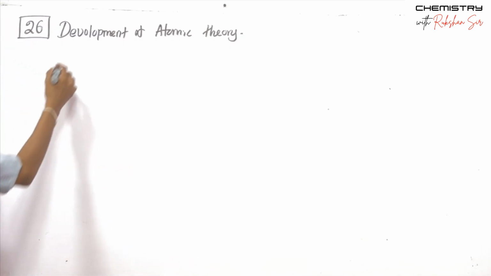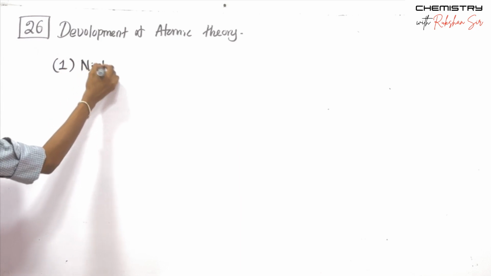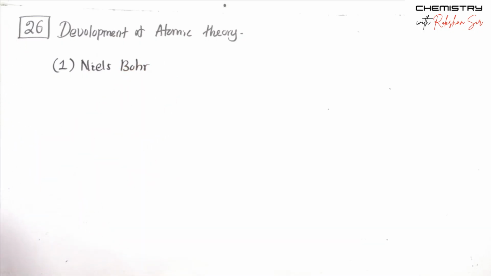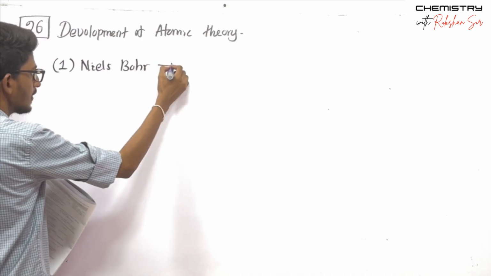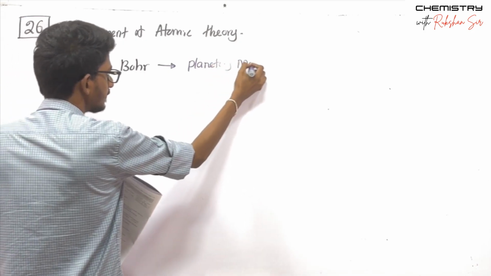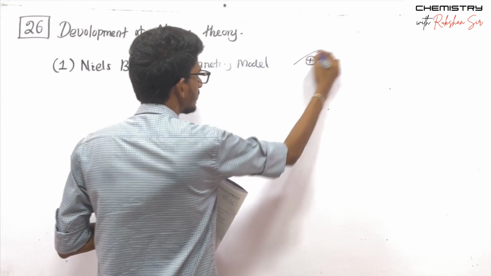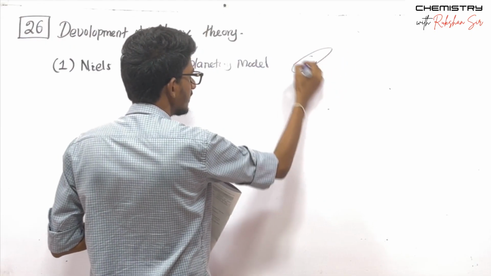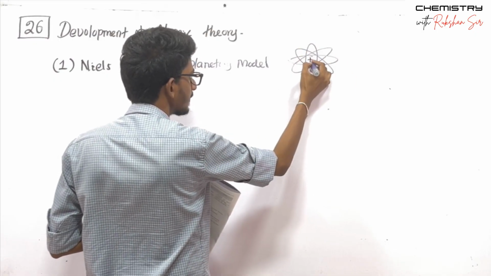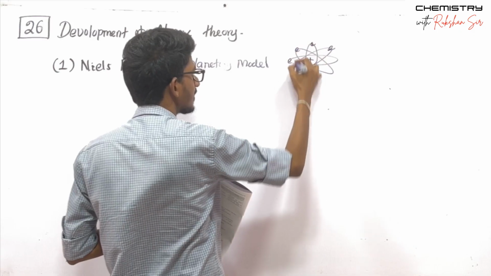See, Niels Bohr came up with the planetary model. Electrons are traveling in orbits, and the nucleus is there.